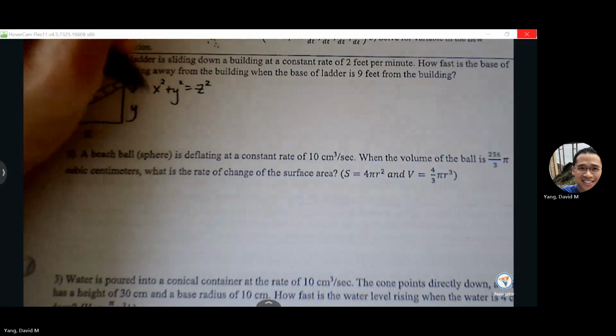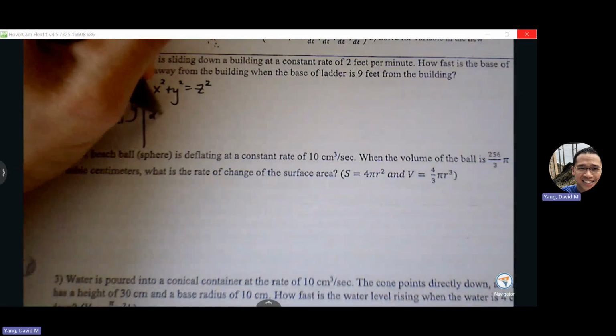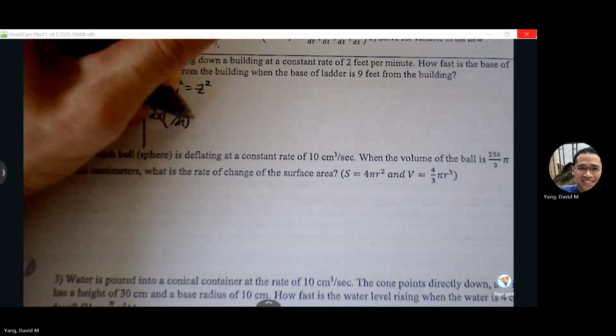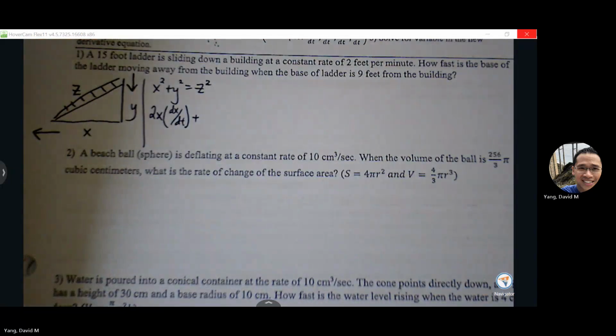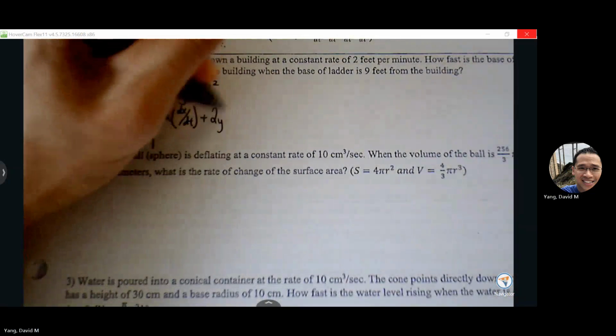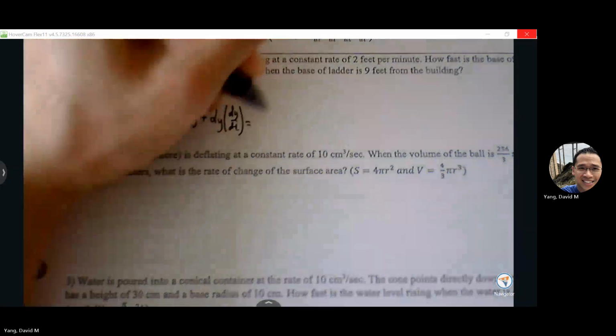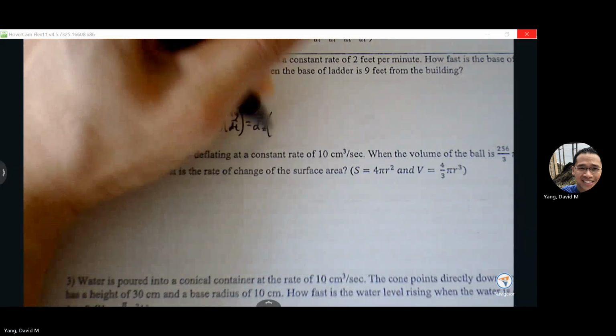Derivative. 2x times dx/dt. y squared becomes 2y dy/dt. Then 2z dz/dt.